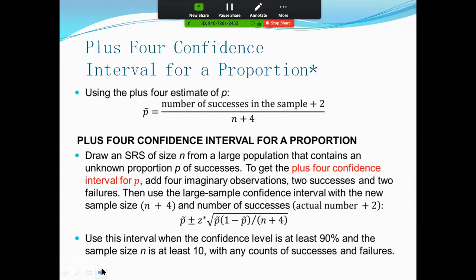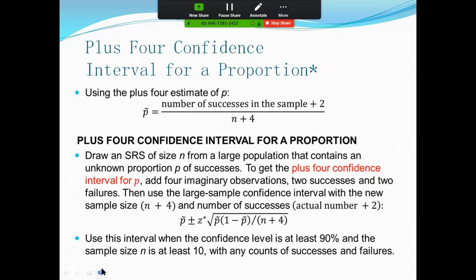Plus 4 confidence interval for a proportion. Draw an SRS of size n from a large population that contains an unknown proportion p of successes. To get the plus 4 confidence interval for p, add 4 imaginary observations, 2 successes and 2 failures. Then use the large sample confidence interval with the new sample size n plus 4 and number of successes, actual number plus 2.